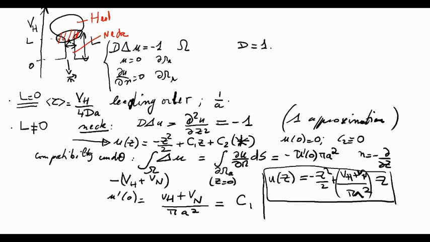So let's keep this formula. We will come back to this for the next slide. So again, u of z is minus z squared divided by 2 plus V head plus V neck divided by pi a squared, times z.